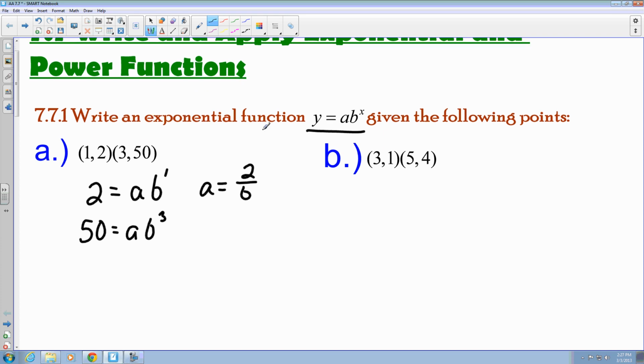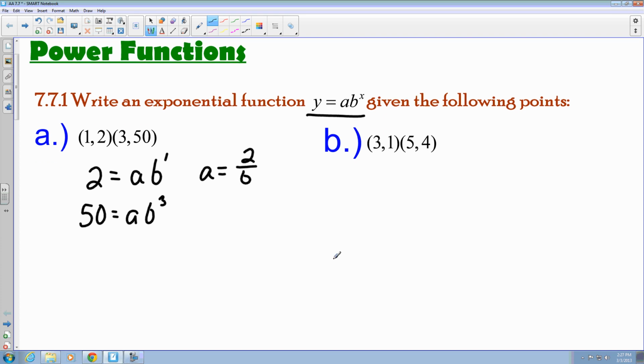From here, I'm going to substitute this 2 over b into the second equation. So now this equation is 50 equals, instead of a, 2 divided by b times b cubed. If I combine these, this becomes 50 equals 2b cubed divided by b.